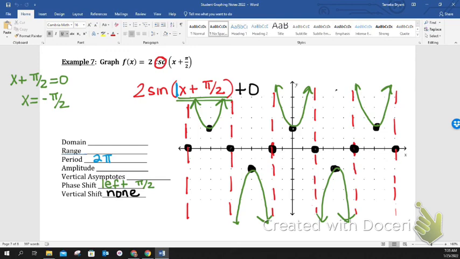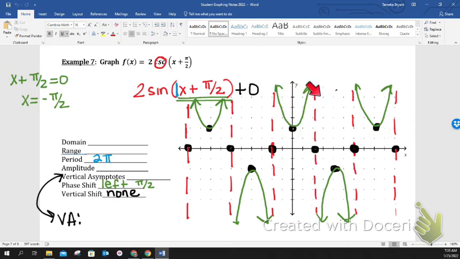So only because I feel like I need more space, I'm going to write the vertical asymptotes down here at the bottom. You don't have to do that on yours, but for mine, I feel like I need a little bit more space. So for vertical asymptote, where do we have our first vertical asymptote at? Over here. So we don't have one at 0.